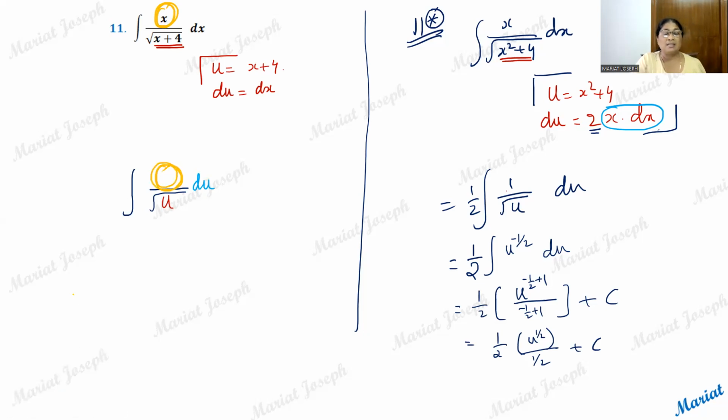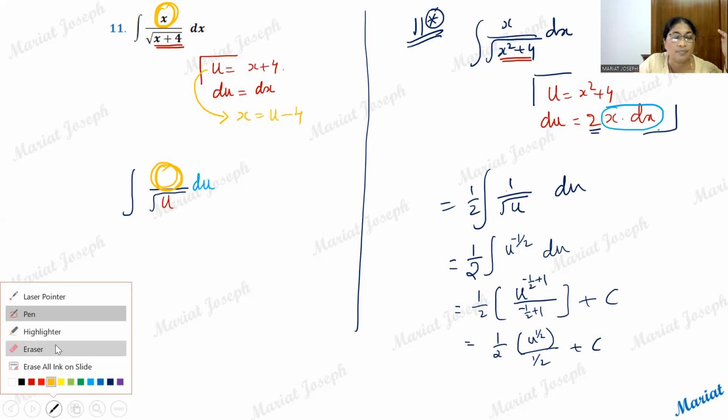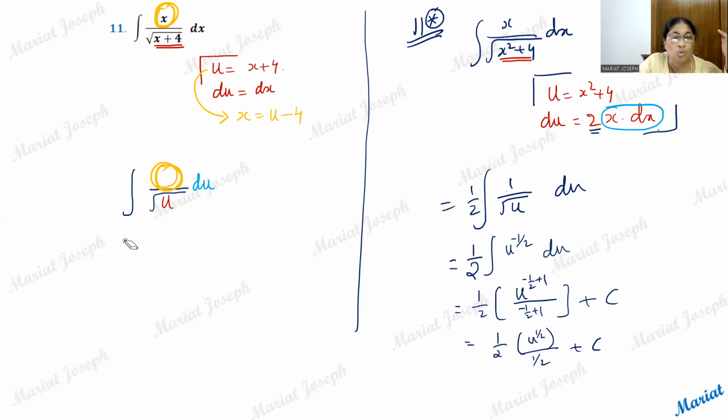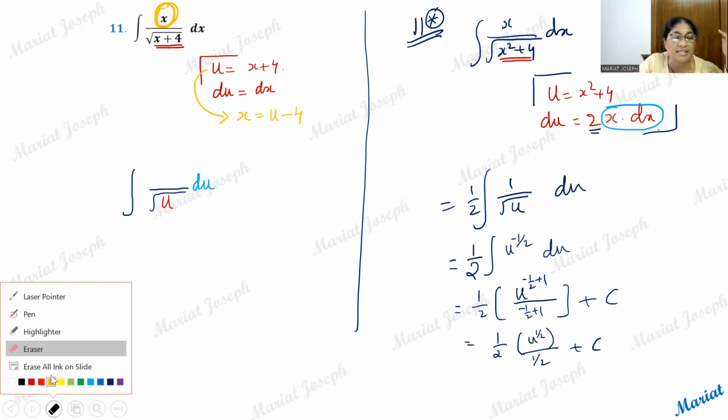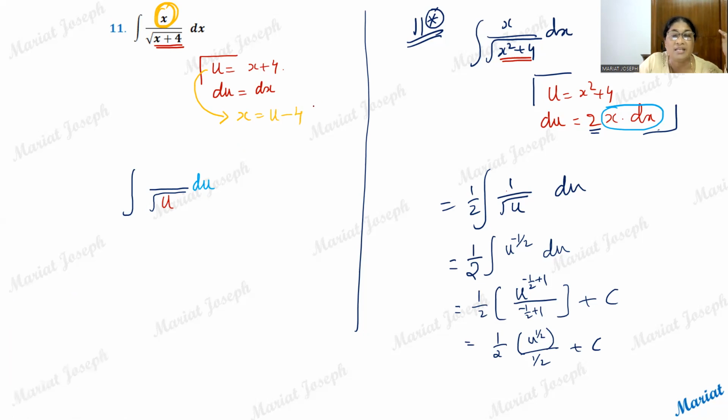Don't do that. Then what will you do? This x you have to solve out from here. What is x, children? u minus 4. So you're going to replace the numerator as u minus 4.